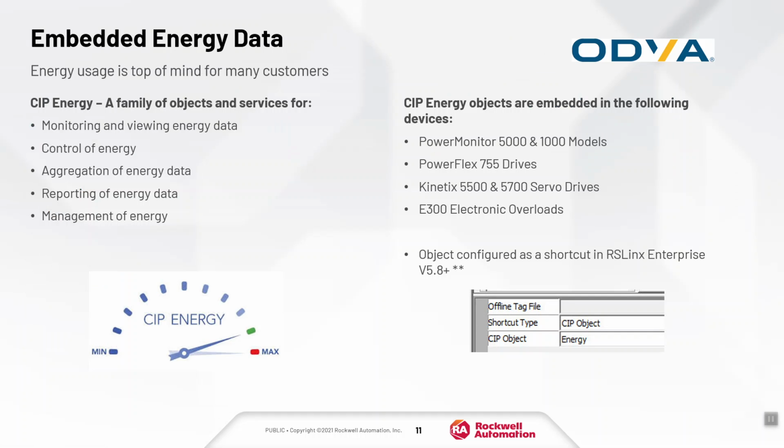So we've spoken to 3 of the 4 different technologies here in previous sessions, and all you have to do is open RSLinx Enterprise or FactoryTalk Linx today and add a shortcut to a given object, define that shortcut type as a SIP object, and you'll see in this case the ability to add that to any of the devices that are shown above.